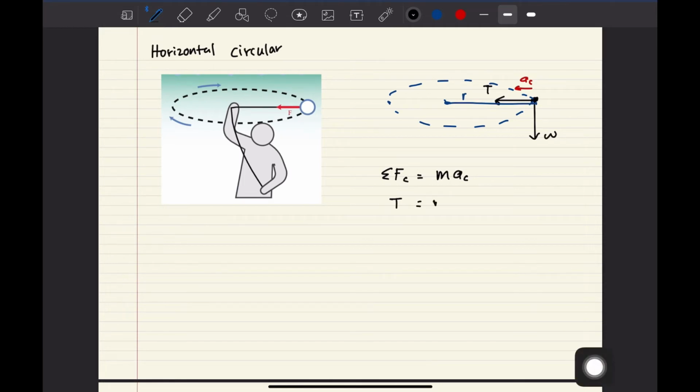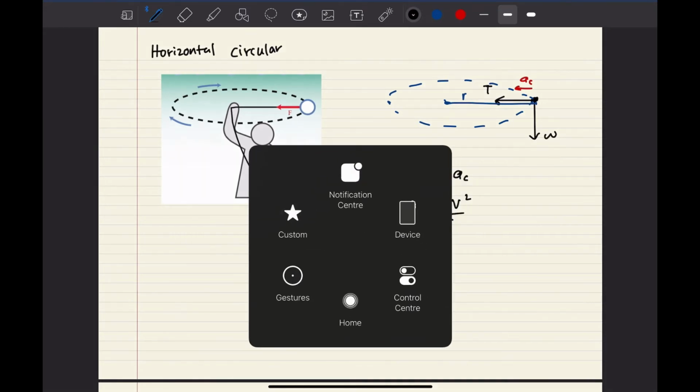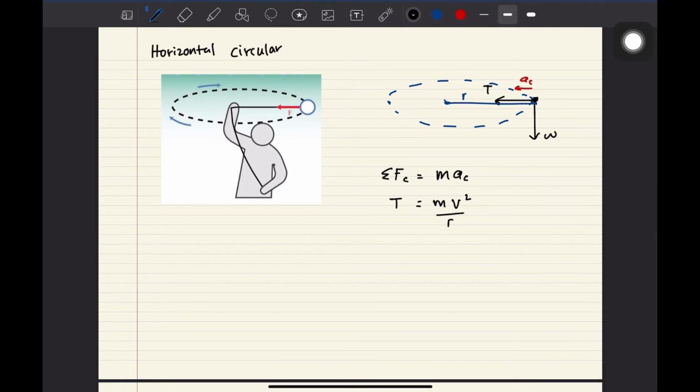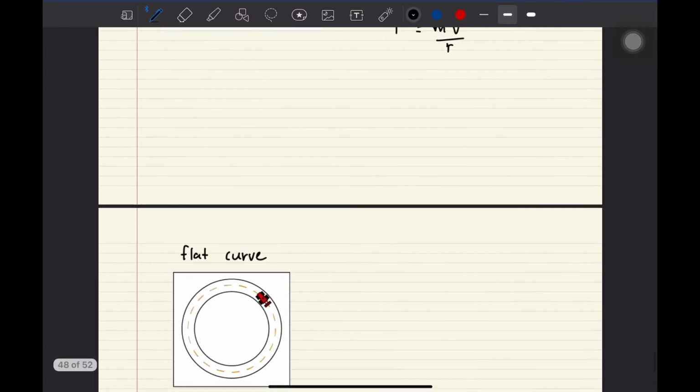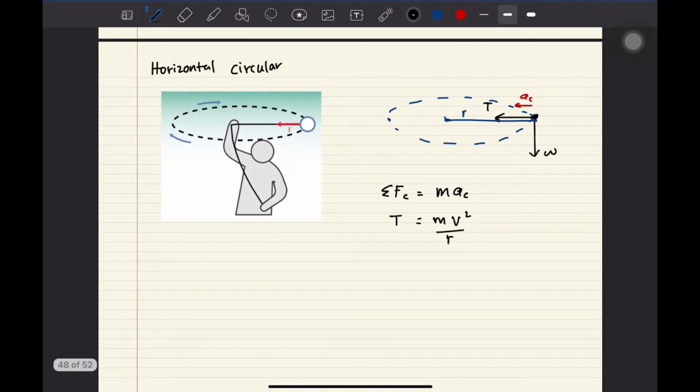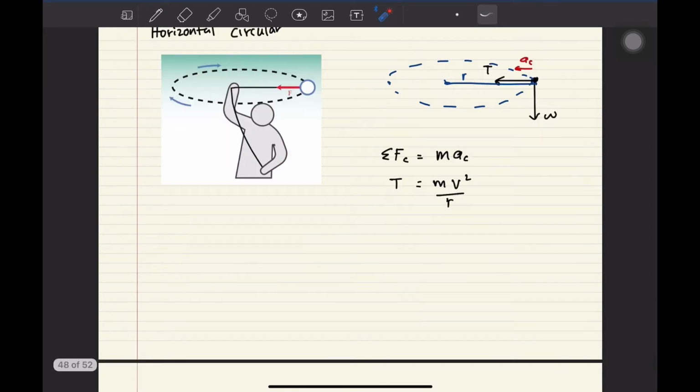And most of the time you might want to change a_c to v squared over R. So you have mv squared over R. Then you can try to solve. If they give you all the details, you can solve. The v here represents the speed of the object moving in circular motion.